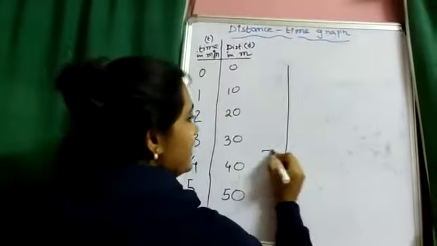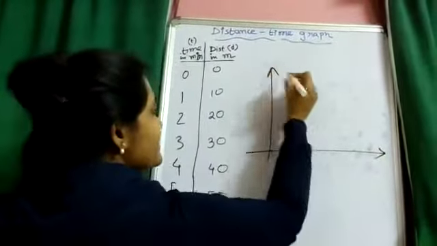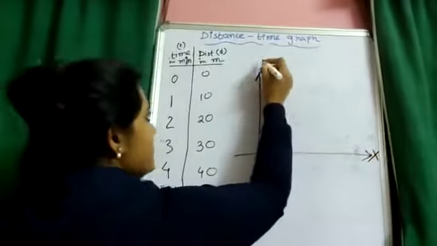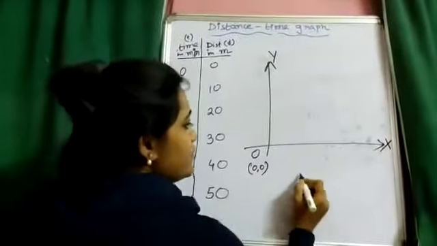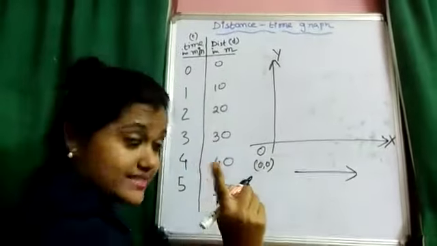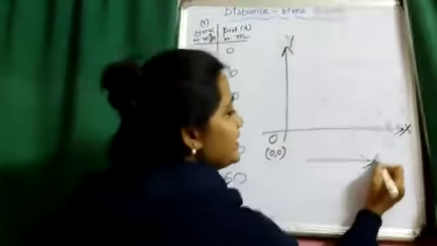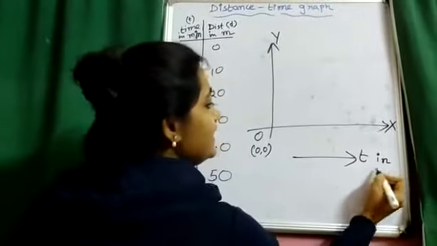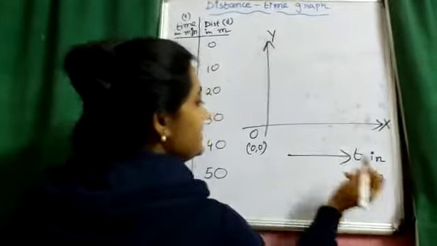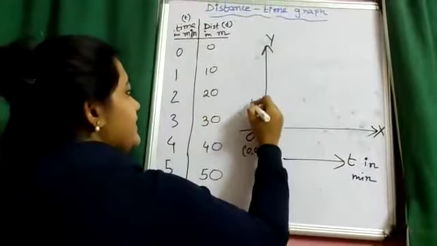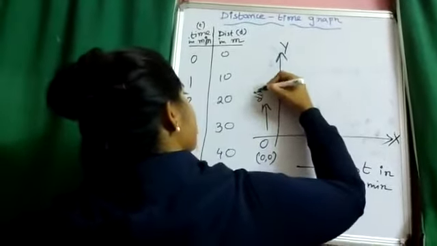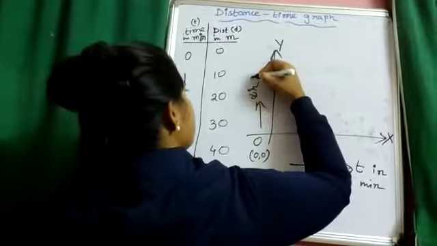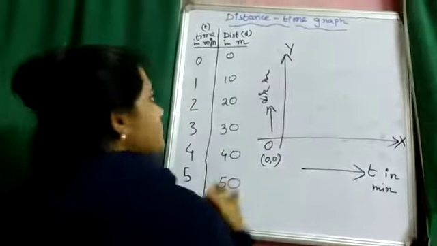So again, I have drawn the two axes, positive x, positive y, origin, coordinate 0, 0. The independent quantity, time t in minutes, and along the y-axis distance d in meters.